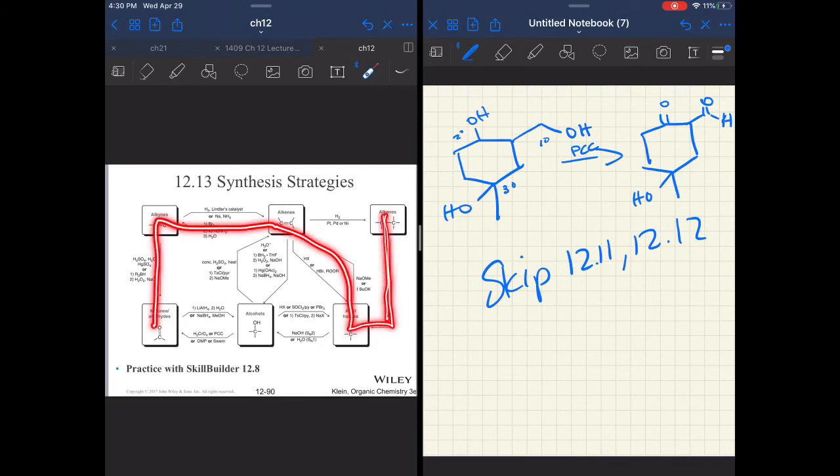You could go this way, right? There's lots of options. And pay attention on synthesis problems. I often limit you. So if I tell you you can only use alcohol starting materials, but you want an alkyl halide, then you also have to be able to transform that.